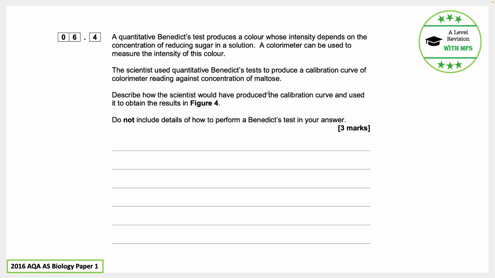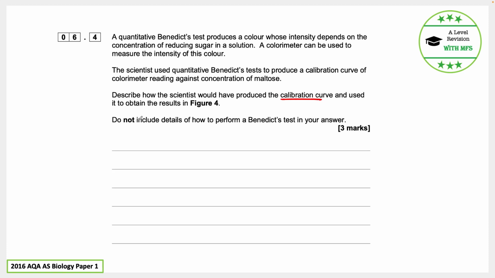So now this isn't something that you are taught, it's more of the practical skills that you need to apply, and it's how you would produce a calibration curve. And again, it's a common exam question, so with exam practice you will get to know this exam technique. Okay, how to produce a calibration curve. Well, basically you need to produce your maltose solutions.